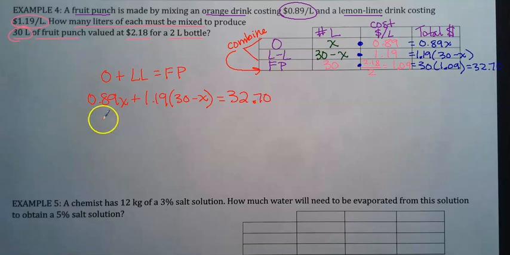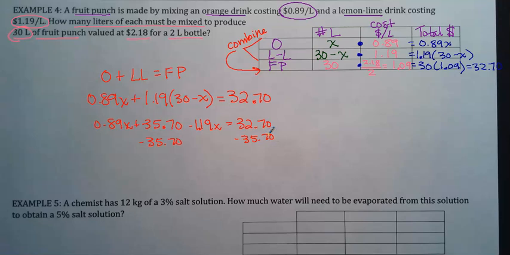All right, so we've got to distribute here, so 0.89x plus, let's see, $1.19 times 30 is $35.70, minus $1.19x equals $32.70. All right, so we're going to subtract $35.70 from both sides of our equation.